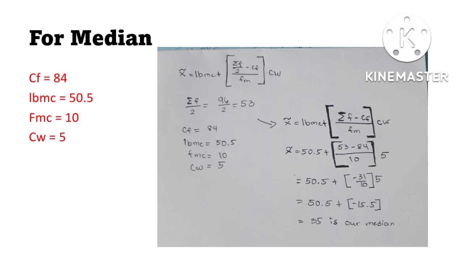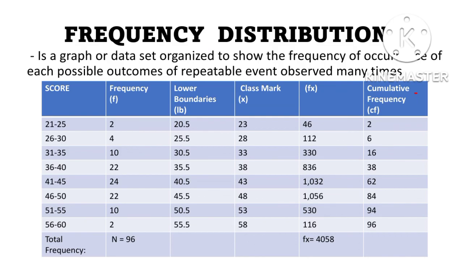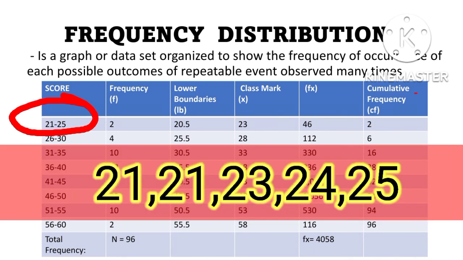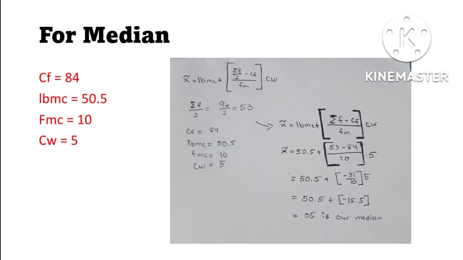For the class width, as we look at the scores, for example 21 to 25: 21, 22, 23, 24, 25, there are 5 scores. Therefore, our class width is 5. Now that we have obtained the givens, let us solve: 50.5 plus 53 minus 84 over 10 times the class width.